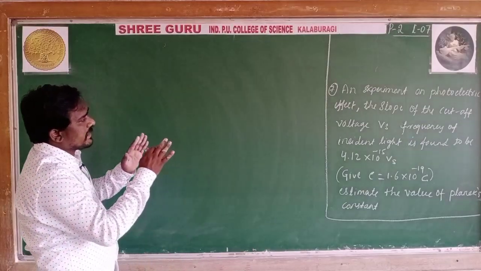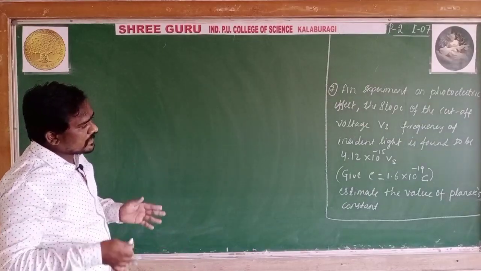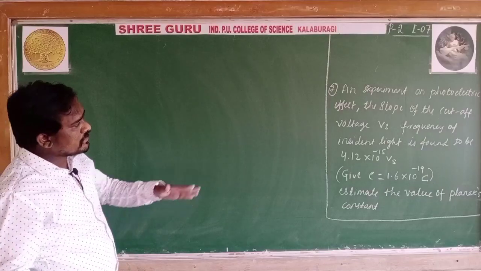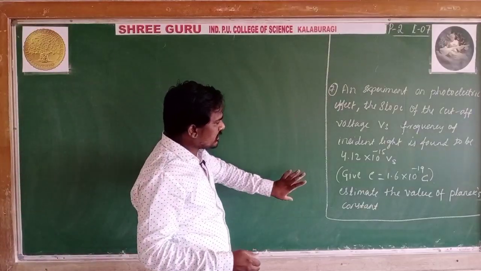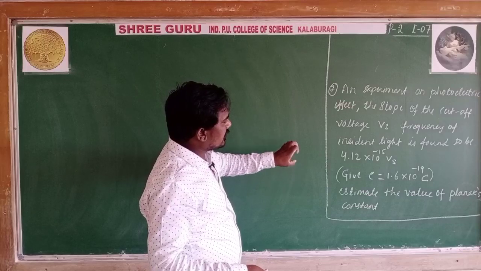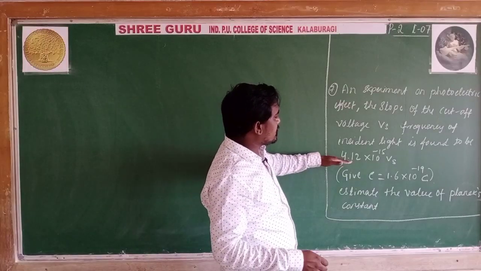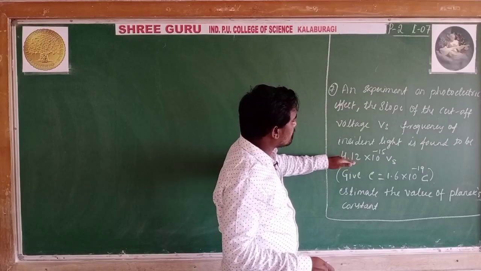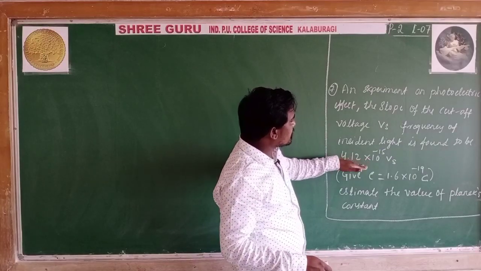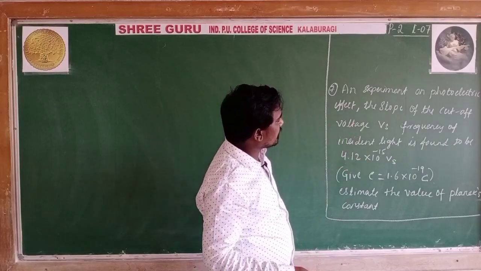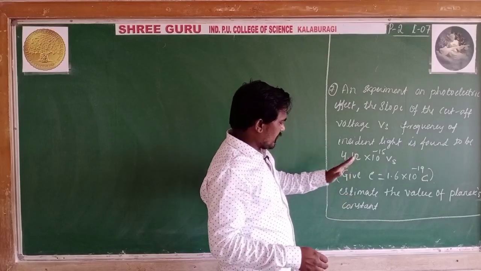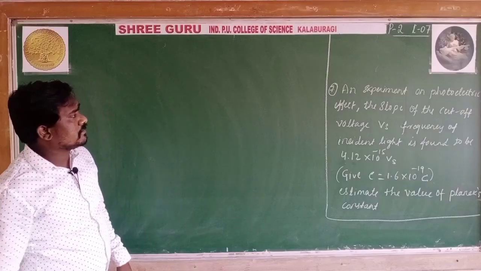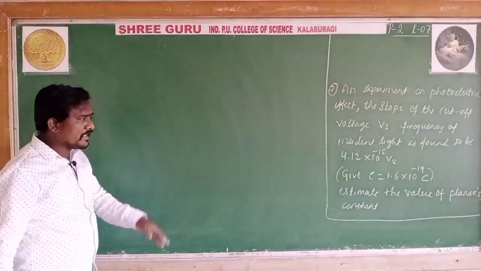Before going to know that value, they made a certain experiment. For this incident light on a photoelectric effect, the h value is around 6.63 into 10 raised to minus 34. We should find that value.